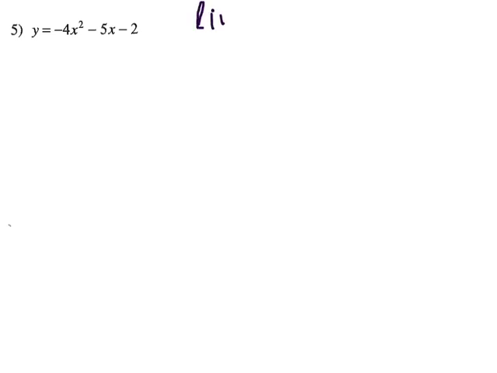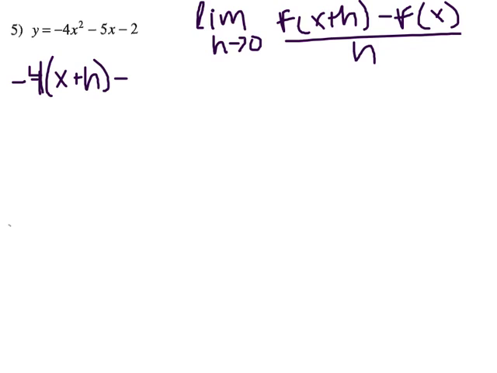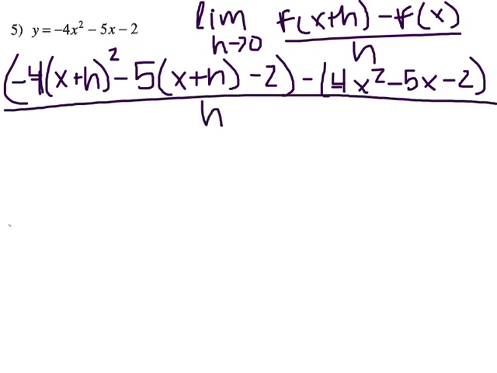Alright, here we go again. It is the limit as h approaches 0 of f of x plus h minus f of x all over h. So solving this one out, we will have negative 4 times x plus h squared minus 5 times x plus h minus 2. And that is all minus the function itself, negative 4x squared minus 5x minus 2, all over h.